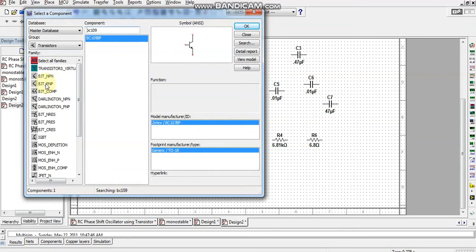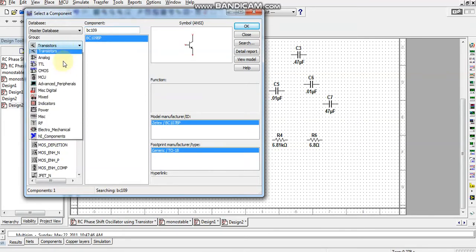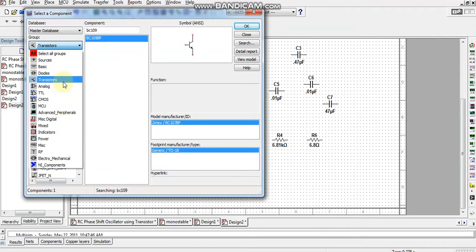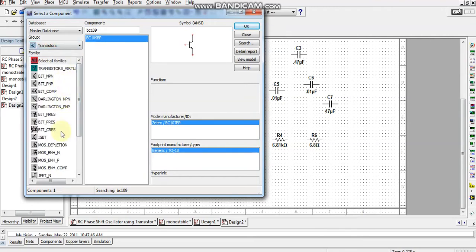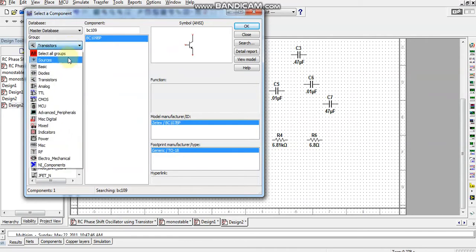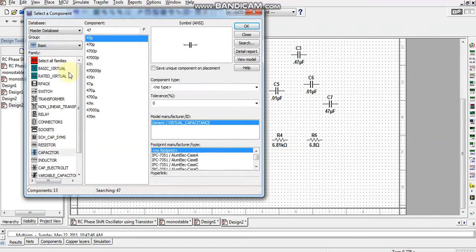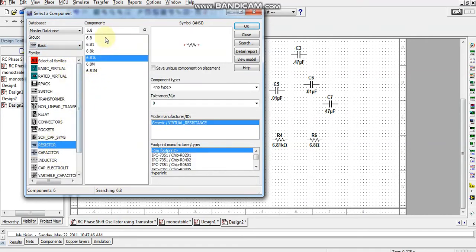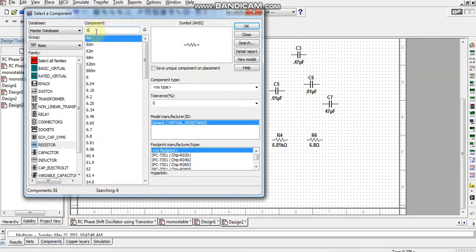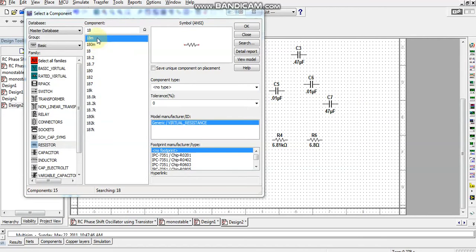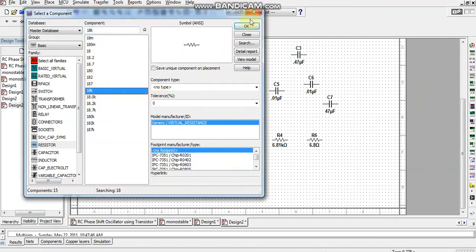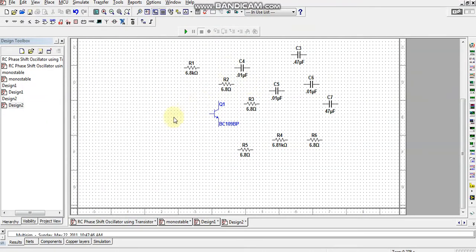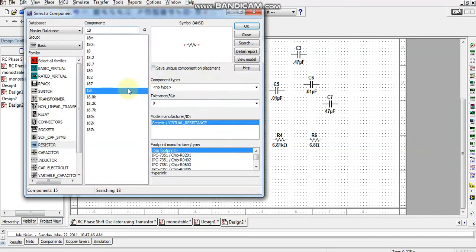And what you require is a 15 kilo ohm resistor, the bias for the transistor, whatever you require. In resistors I required 18 kilo ohm, so an 18 kilo ohm resistor. And what else had I required?